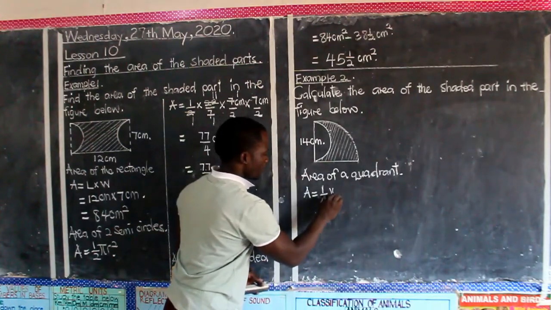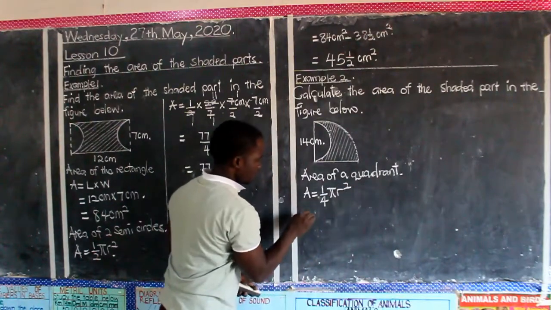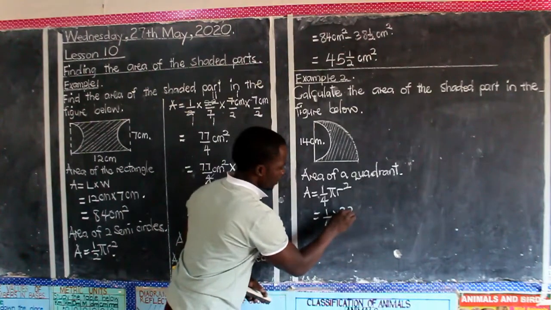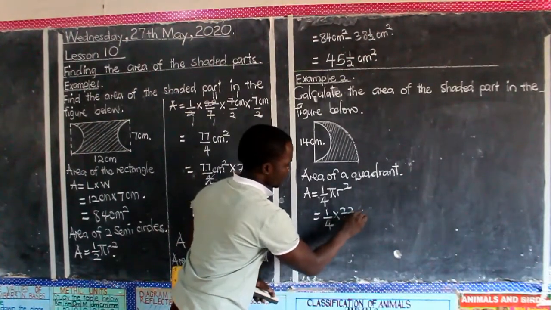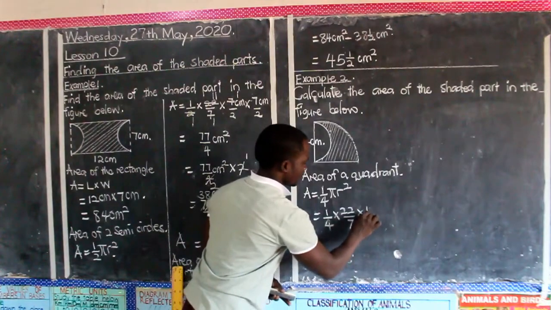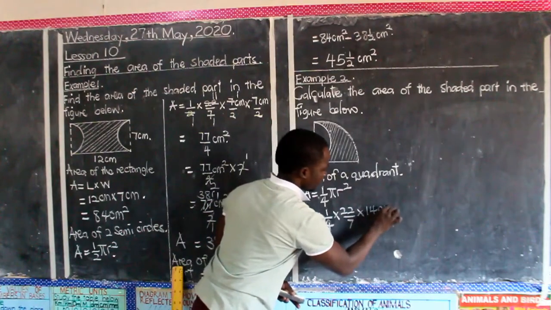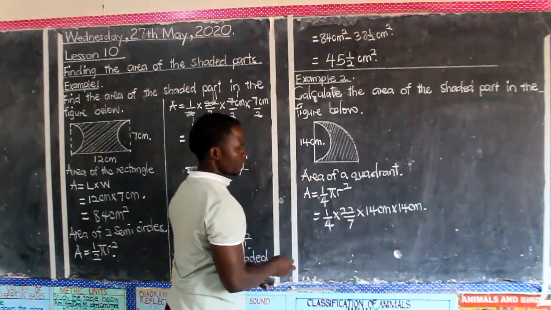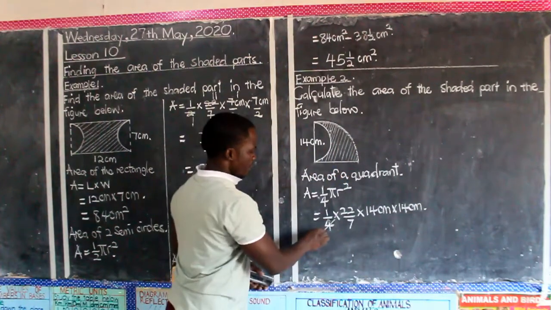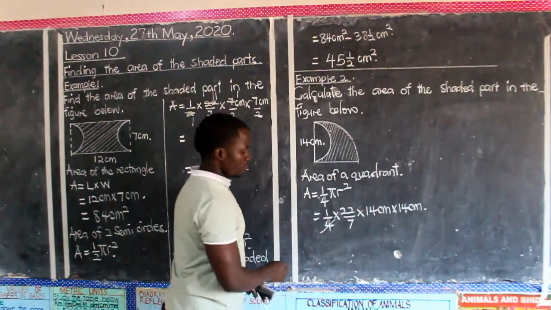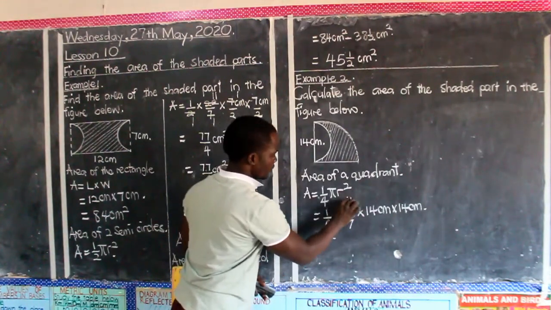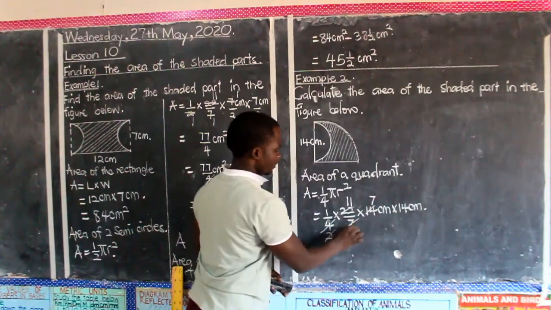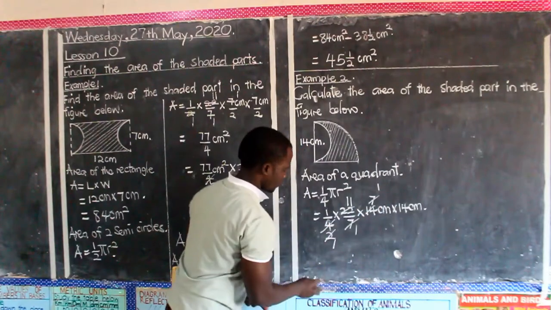Area equals pi r squared. This will give us 1 over 4 times 22 over 7 times the radius of 14 centimeters times 14 centimeters. Then we simplify by 2, 2 by 2, 11, by 2 once, by 2, 7, by 7 once, by 7 once.